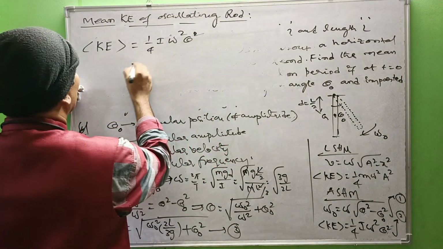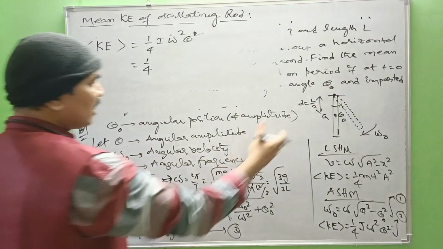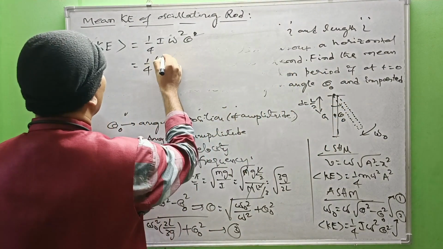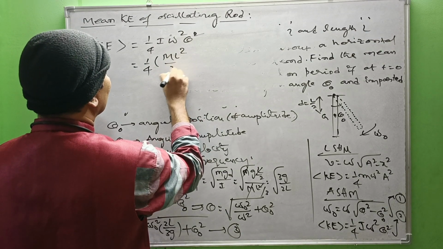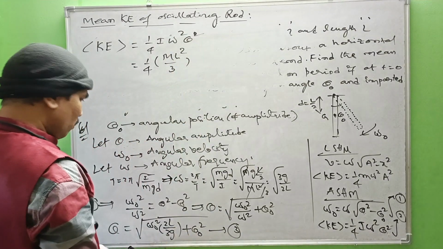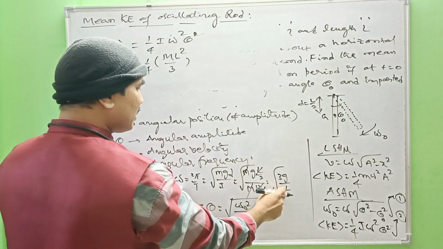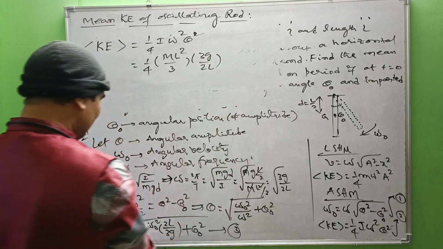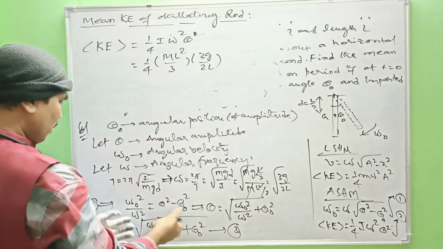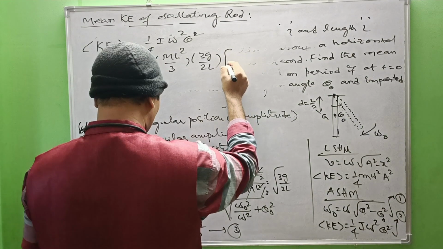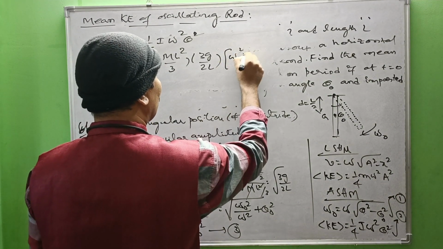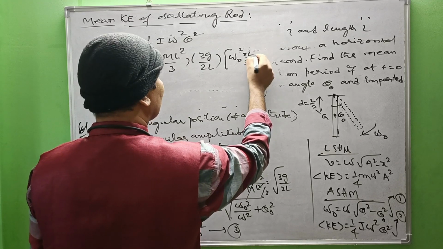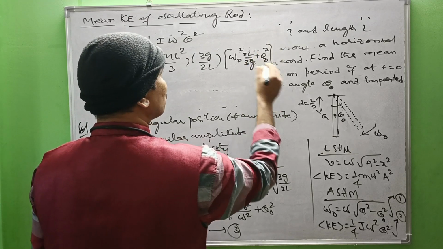That is 1 by 4th into I, the moment of inertia of this rod about a normal axis passing through one end, equal to mL square by 3, into omega square. What is omega square here? 3g by 2l, into theta square. On squaring, the root will be gone: omega naught square into 2l by 3g plus theta naught square.